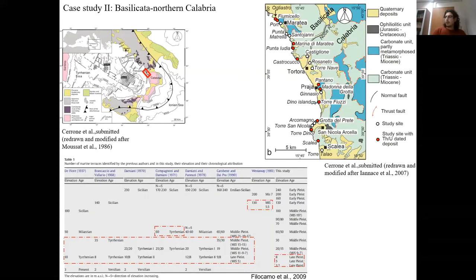In fact, Westaway estimated an uplift of 1 millimeter per year for the last interglacial period, while other authors related the highest marine terraces to the early Pleistocene, based on some chronological framework.